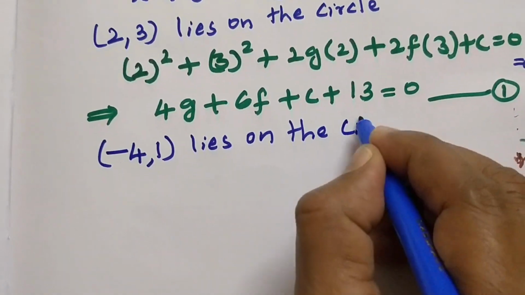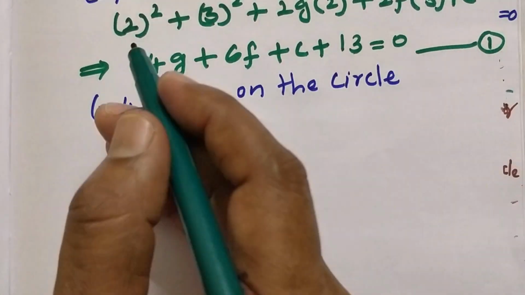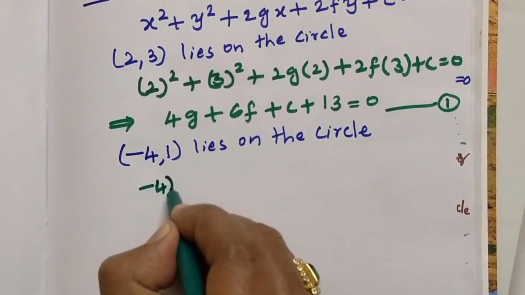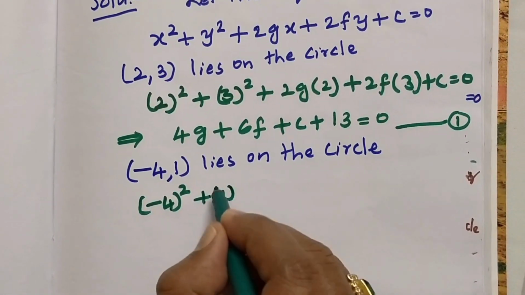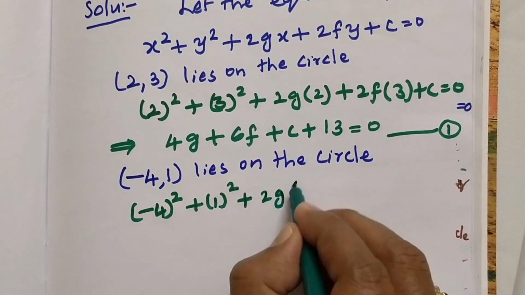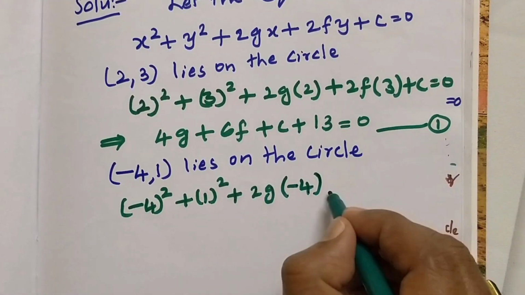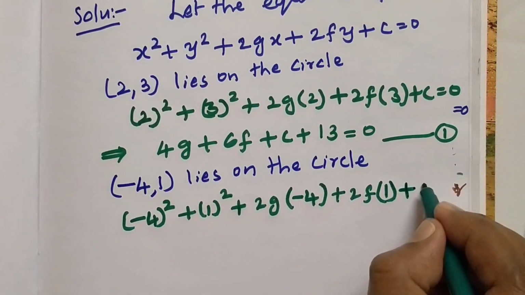That means minus 4 whole square plus 1 square plus 2g into x is minus 4, plus 2f into y is 1, plus c is equal to 0.